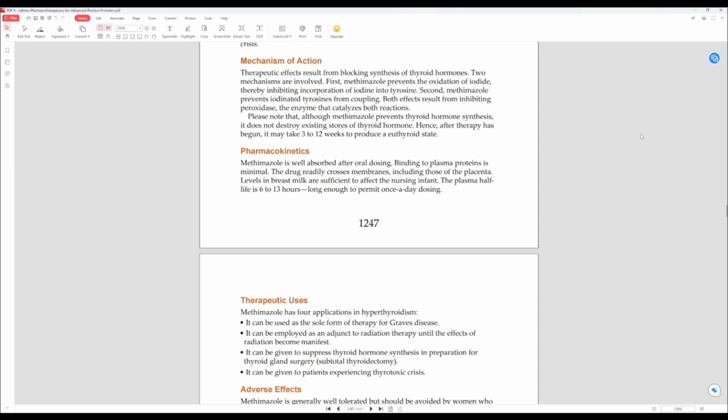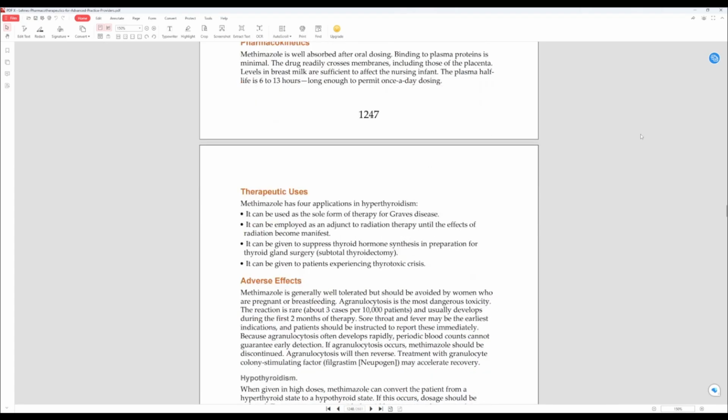Both effects result from inhibiting peroxidase, the enzyme that catalyzes both reactions. Please note that although methimazole prevents thyroid hormone synthesis, it does not destroy existing stores of thyroid hormone. Hence, after therapy has begun, it may take 3 to 12 weeks to produce a euthyroid state.